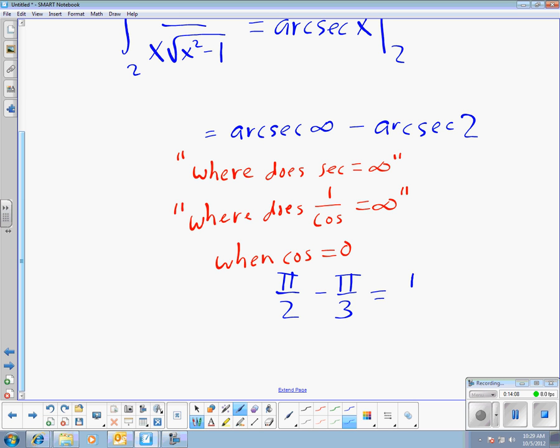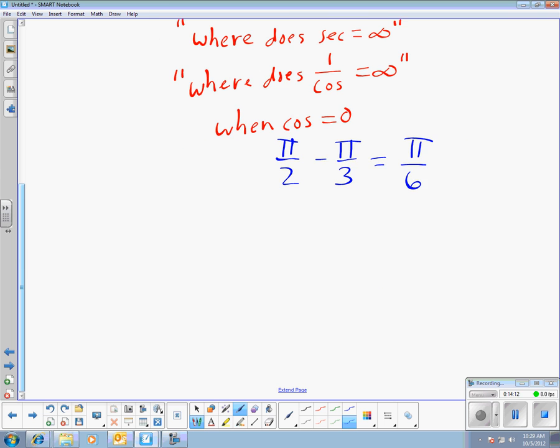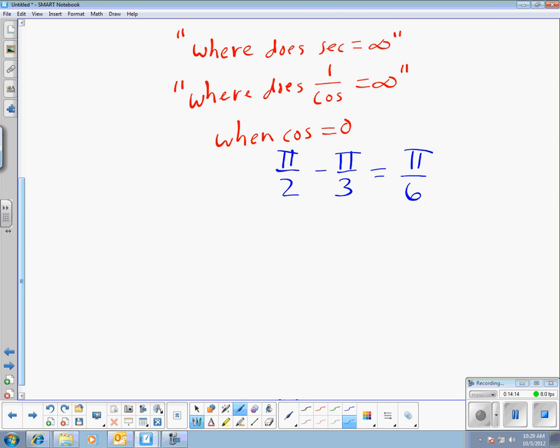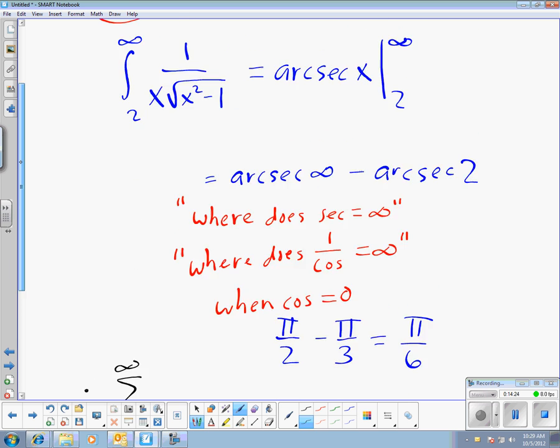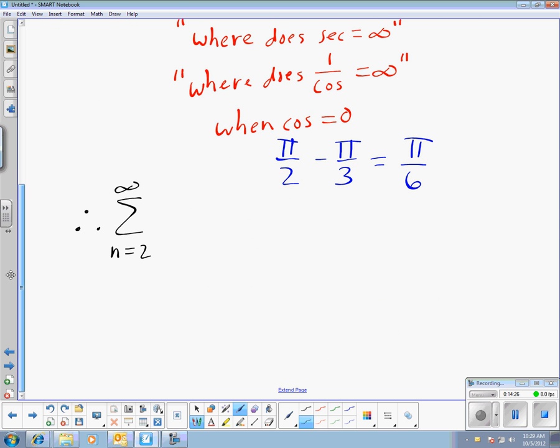Is that pi over 6? All right. One final important aspect. My conclusion, therefore, the sum from 2 to infinity of 1 over n square root of n squared minus 1 converges.